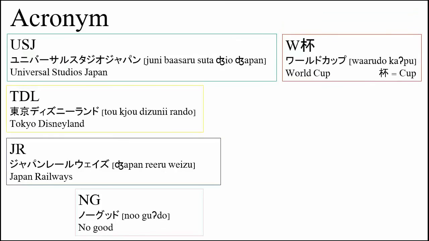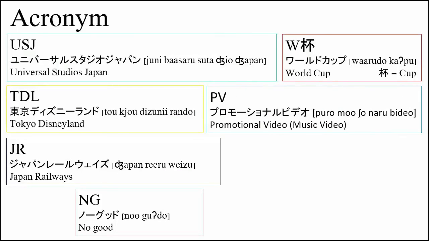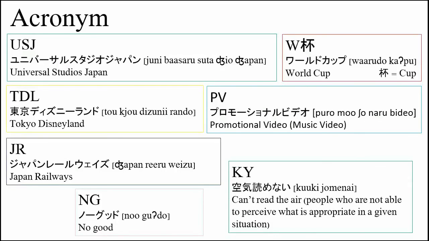WC. World Cup is often written with a W and a kanji, hai, which means cup. PV. Promotional videos, usually meaning music video. And KY. This stands for kuki yomenai. K is for kuki, air, and Y is for yomenai, cannot read.